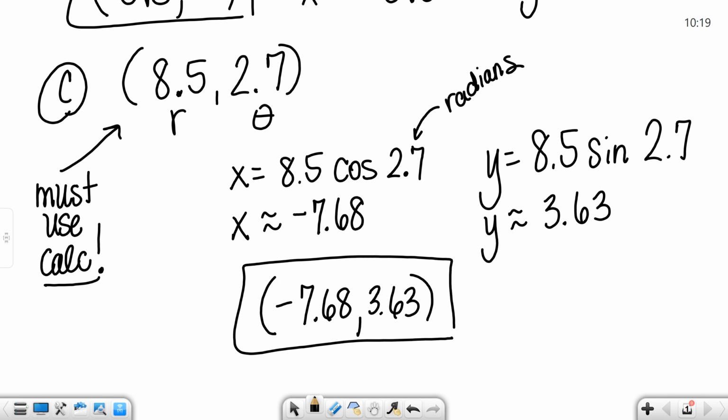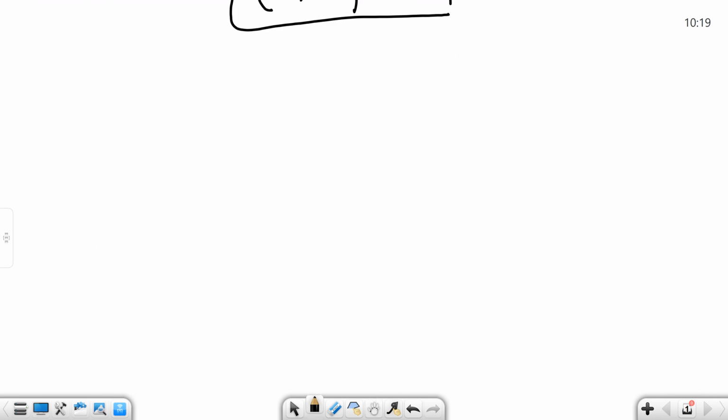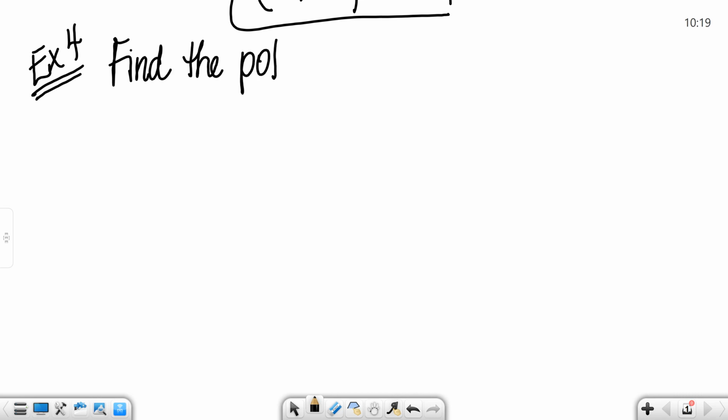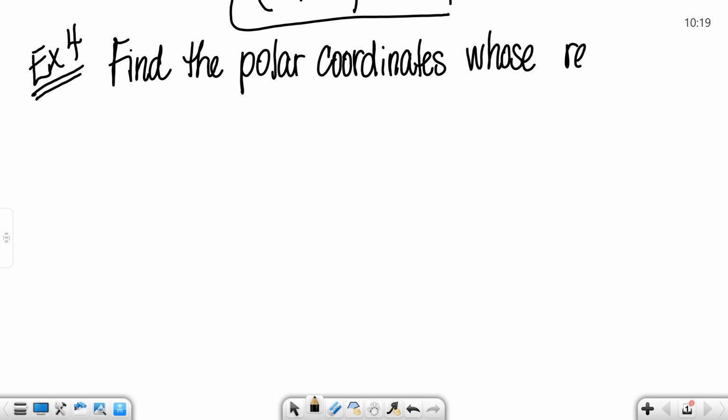Now we need to go backwards. You were given polar and asked to find rectangular. Now we need to know how to go the other direction. So in this example, we are going to find the polar coordinates whose rectangular coordinates, I'm going to abbreviate a little bit right here, are given.